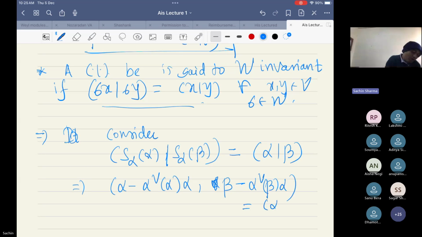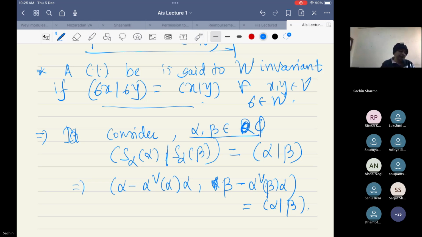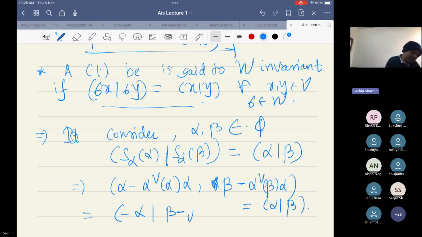This is equal to alpha beta. Where here alpha and beta belong to phi. So this is minus alpha beta minus alpha check of beta of alpha. This is equal to alpha beta.